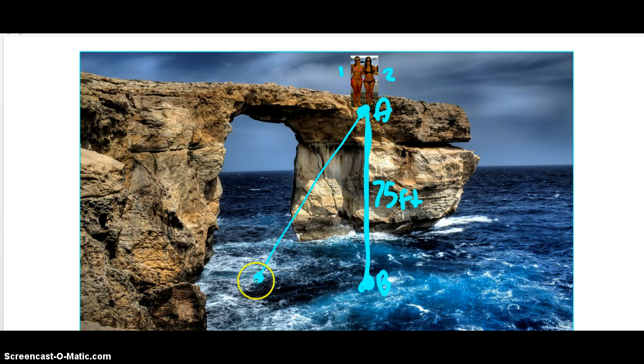So we can label right here point C, and then this girl jumped 30 degrees on this side at point D. We see that this all makes a triangle, and we're also given that angle CBA is a right angle, so we can label that 90 degrees and fill that in.